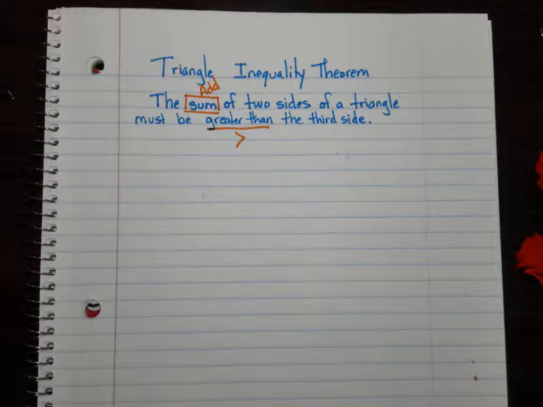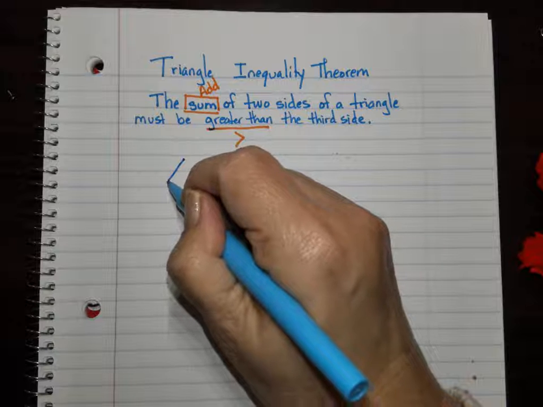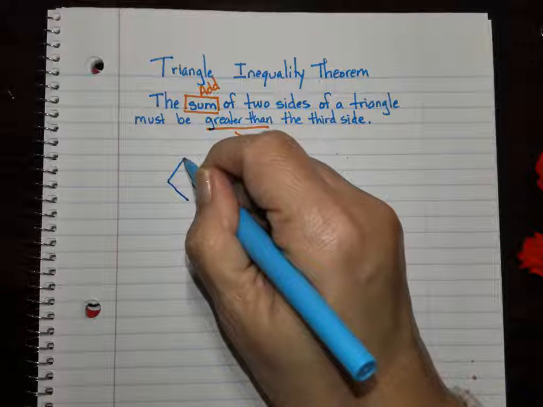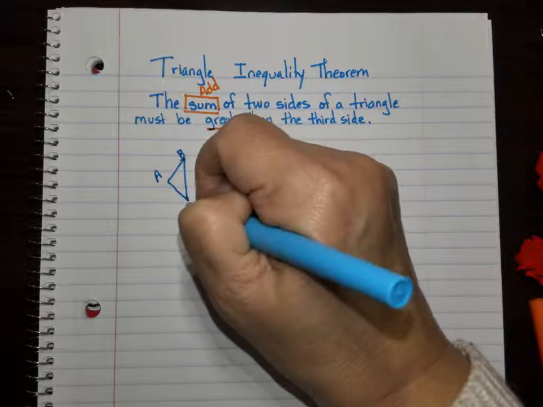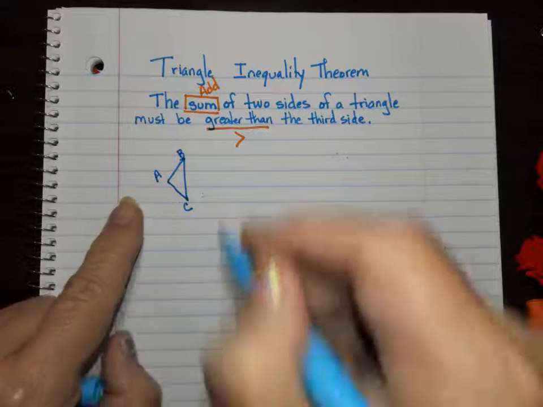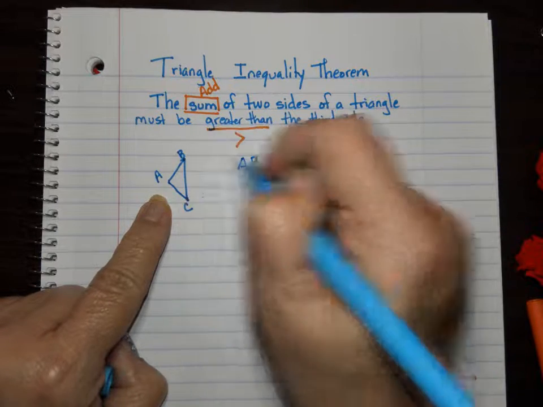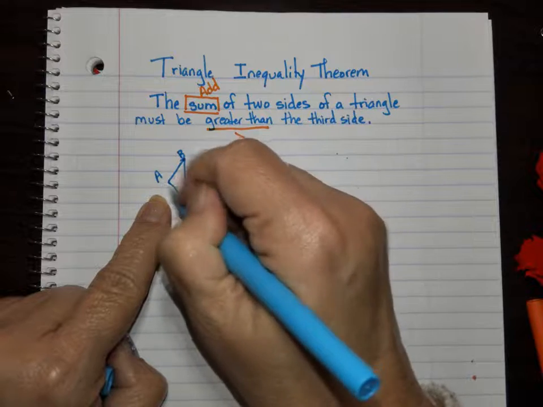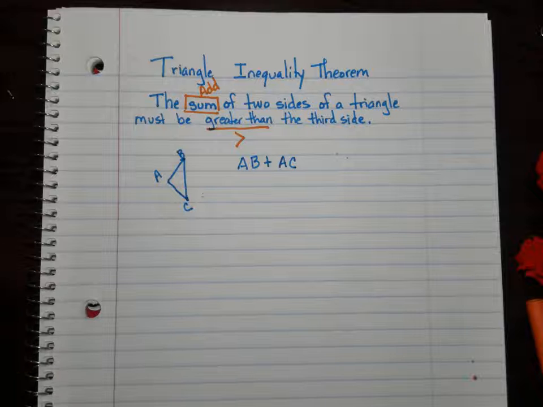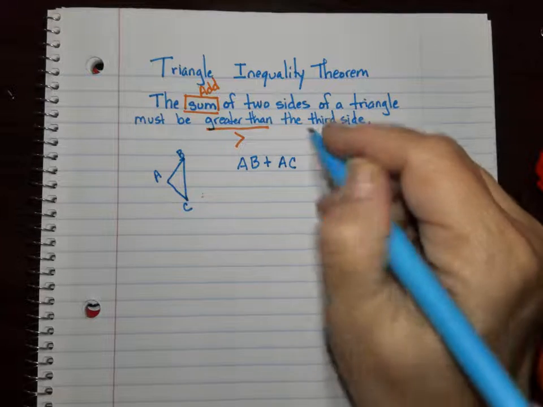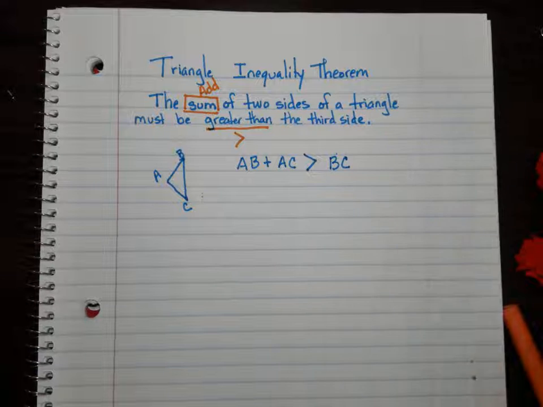So the way we would show that in a picture is if I have a triangle and I've got a short side and another kind of short side, and then a long side here. It says that the length of side AB added with the length of side AC, those two sides added together have to be greater than the side BC.